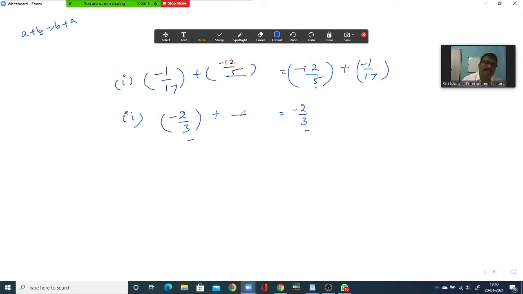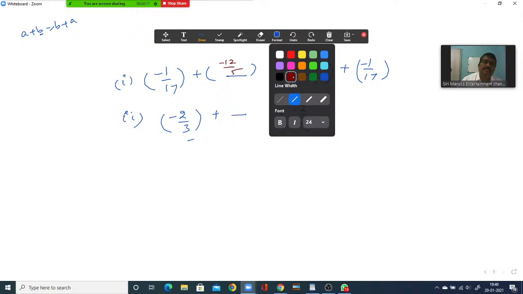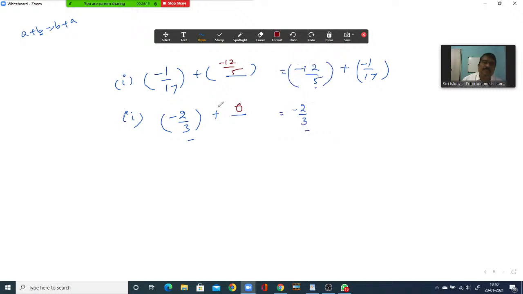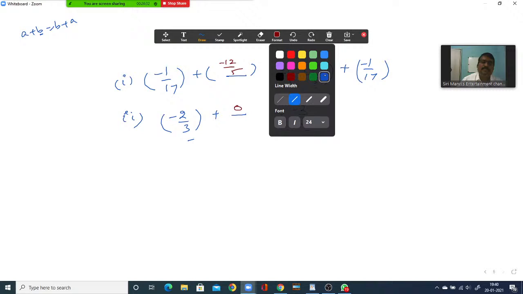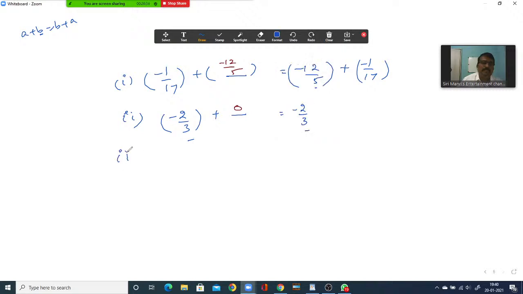So we can easily identify that in this dash we can fill 0. When we add 0 to any number, we get the same number. That's why here this is 0. Next, the third one.